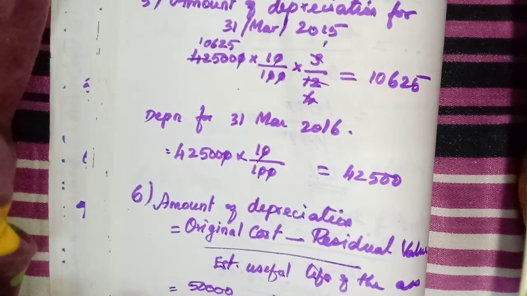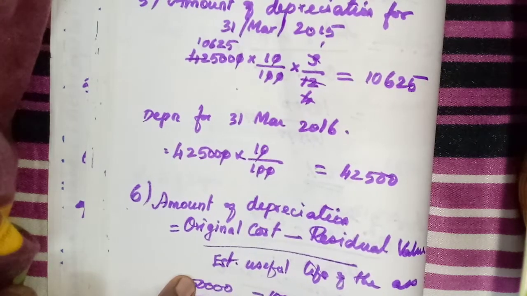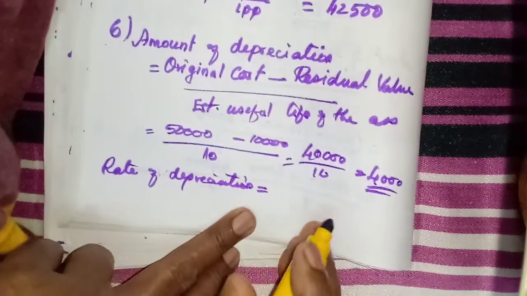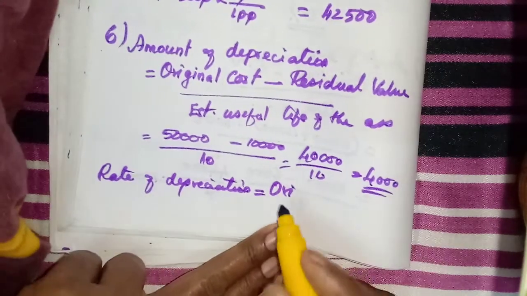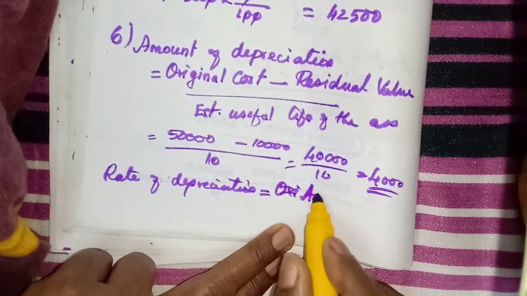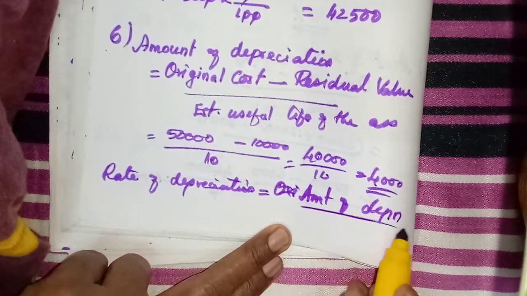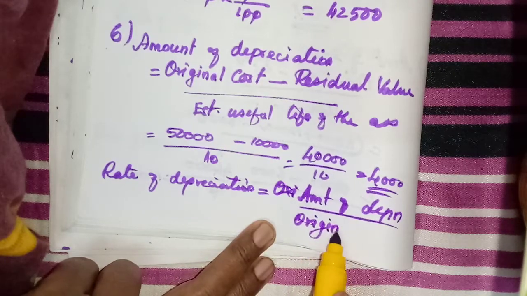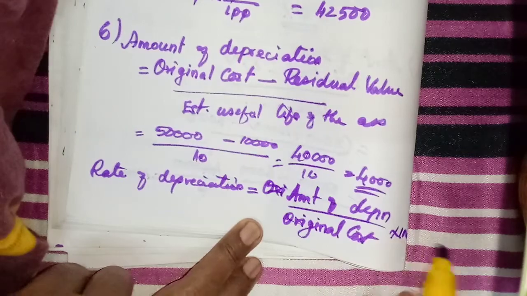Now the rate of depreciation is equal to amount of depreciation, you write fully, no short form, divided by original cost, into 100.